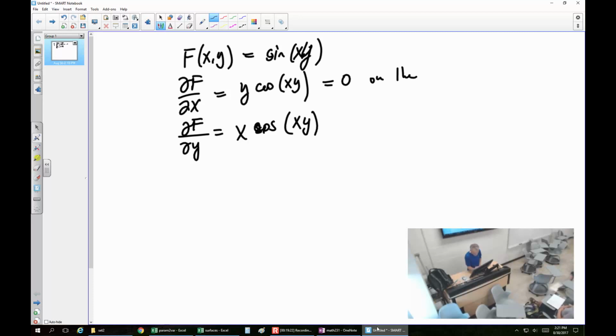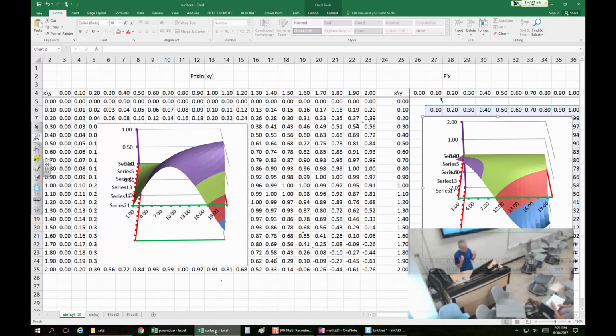On the x-axis, y is equal to 0. Otherwise, if we start moving off of the x-axis, the derivative initially appears to be positive.